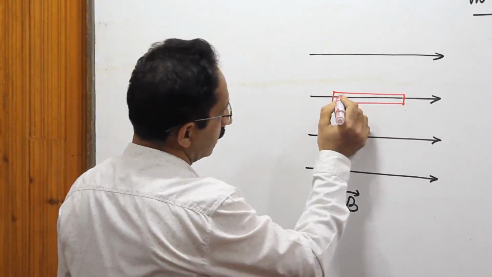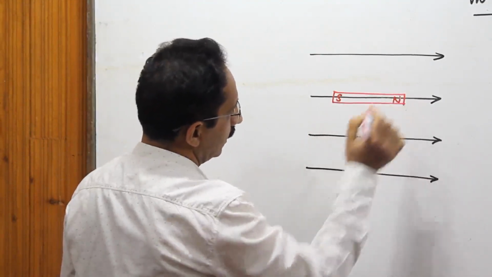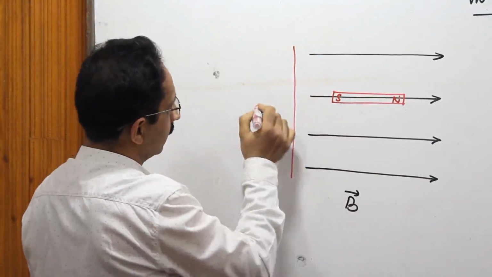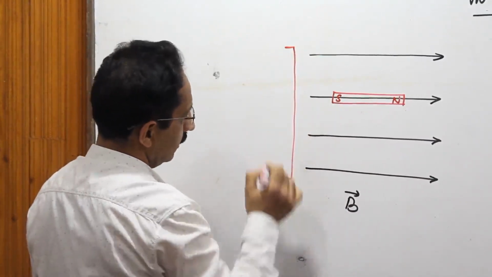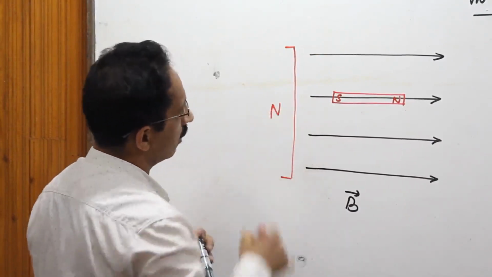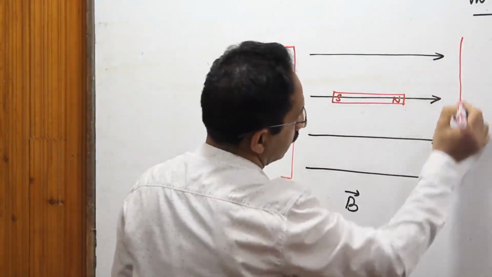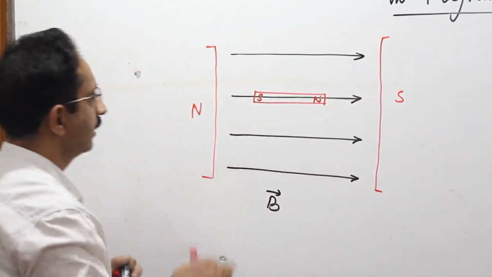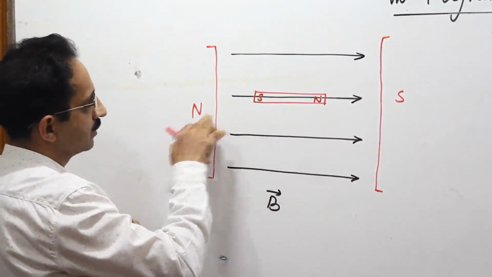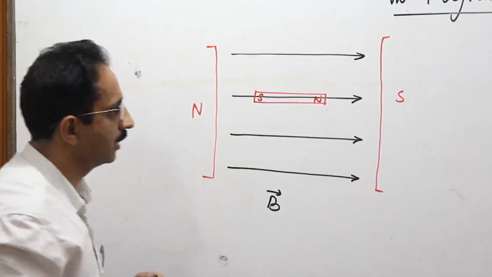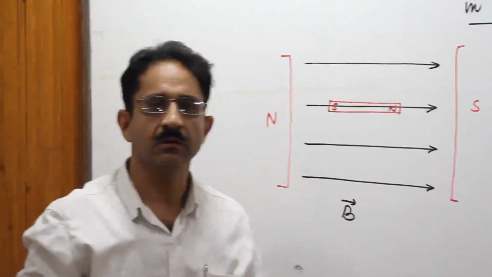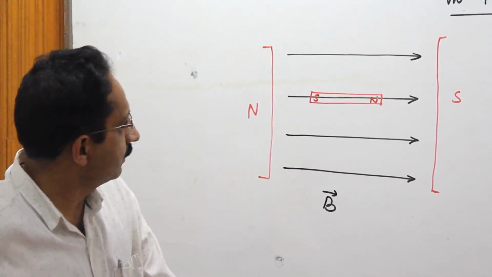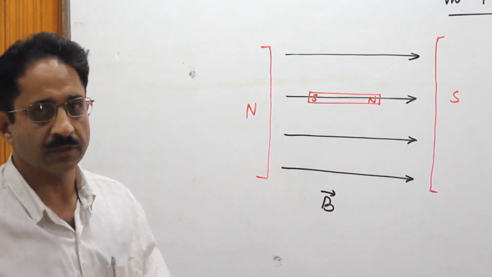Now, different orientations which this bar magnet can have is that if this is the south pole of magnetic field, if this is the north pole of magnetic field, here the magnetic lines of force terminate, then the south kept towards north, the north kept towards south will be the orientation of this magnetic bar or a dipole, which we will see is a stable orientation.